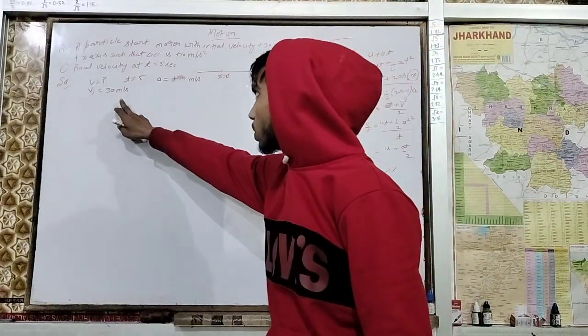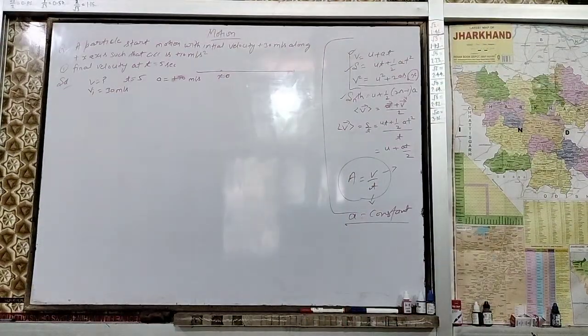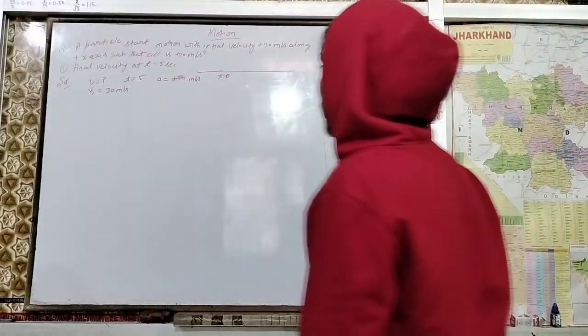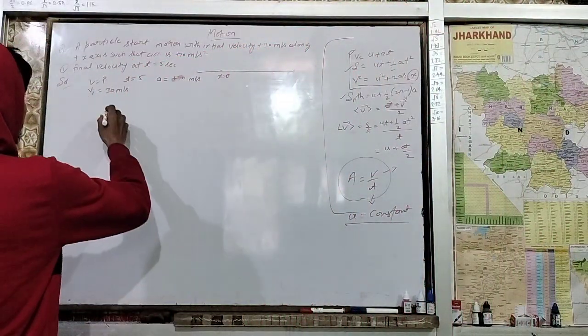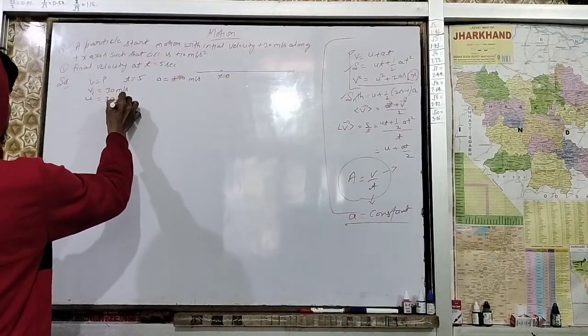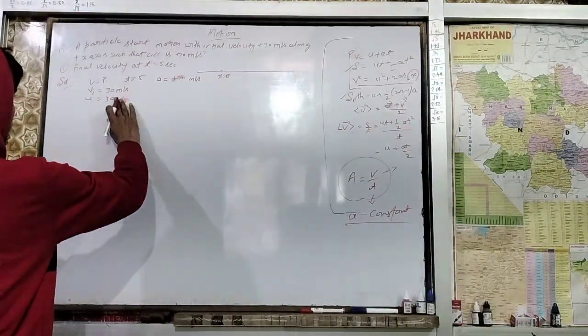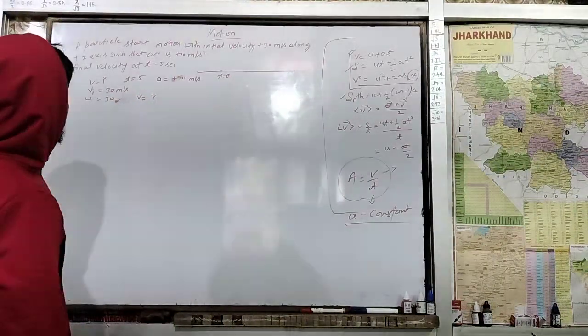This is not our velocity, it is the initial velocity. Okay. In that case u is our 30 meter per second. U is 30 and final we don't know.